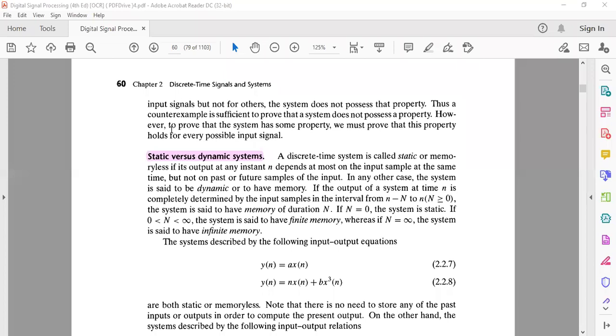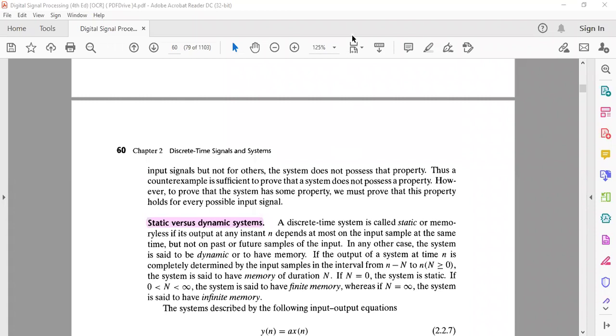However, to prove that the system has some property, we must prove that this property holds for every possible input. I want to try to give an example.